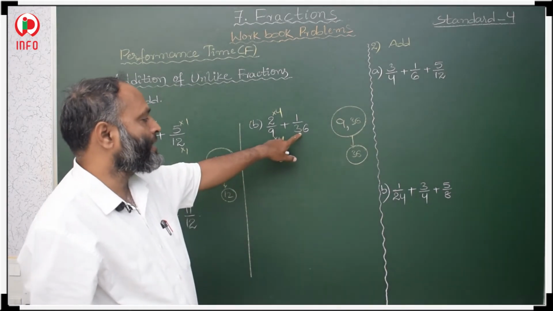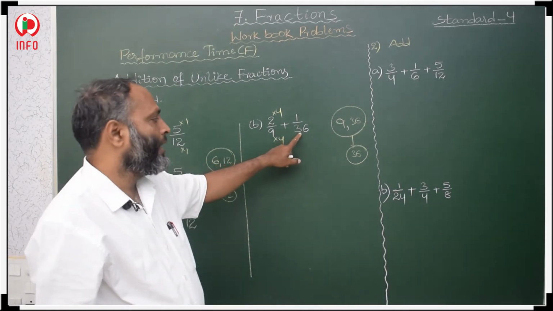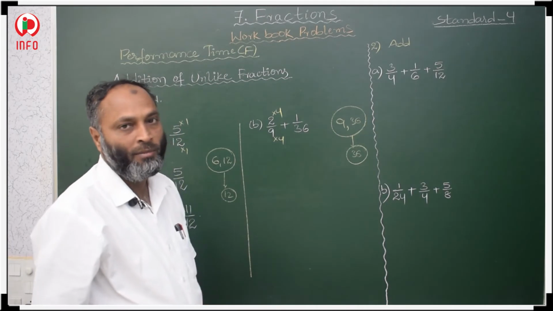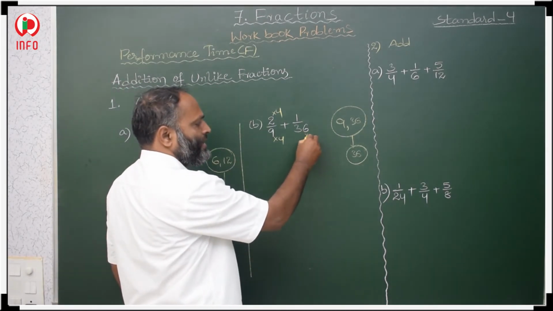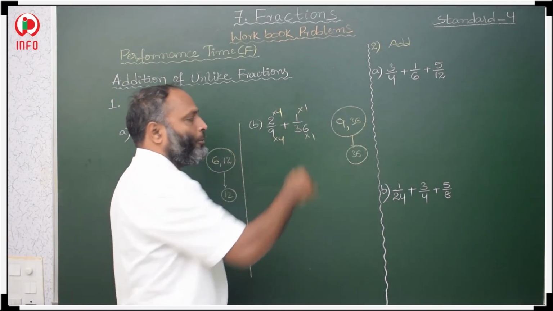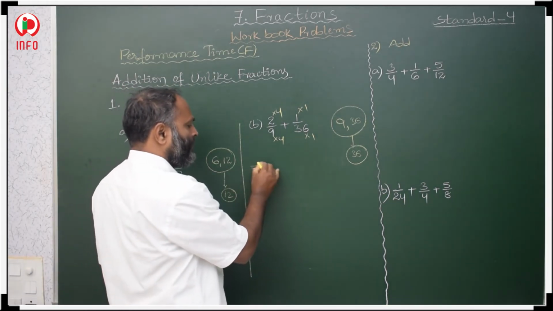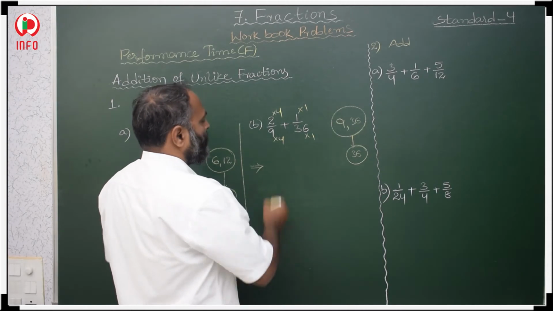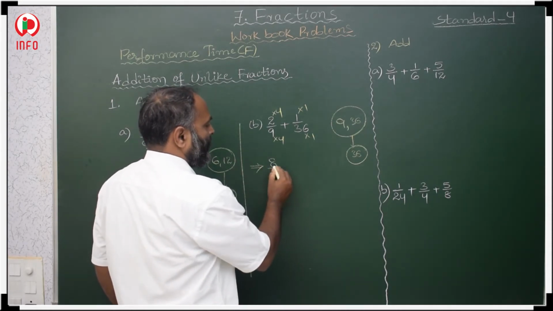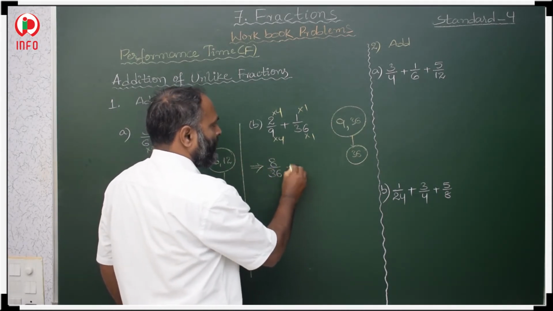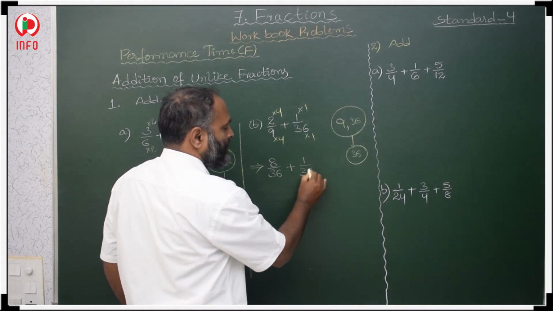For the second fraction denominator, 36 ones are 36, so with 1 we multiply the numerator and denominator of the second fraction. Then 2 4s are 8 by 9 4s are 36, and 1 1s are 1 by 36 1s are 36.